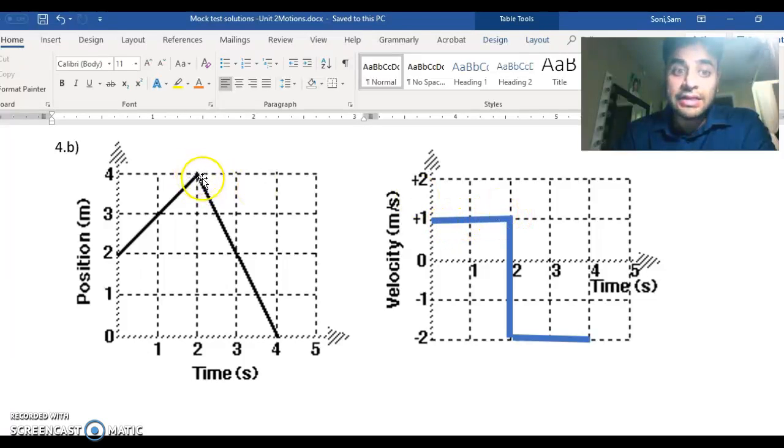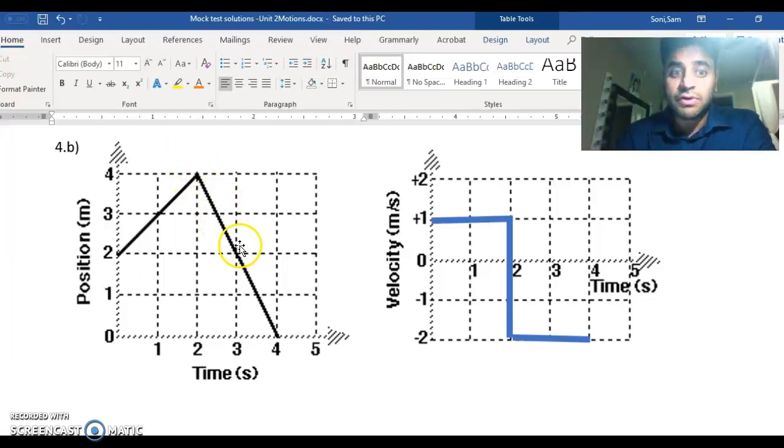But at this point, the body is going backwards. It's going in reverse. From 4 meters, it started going backwards to 0 meters. So if the body's direction is reversed, the velocity direction will be reversed as well. It's a vector, right? Now when it's going back from 2 seconds to 3 seconds, which is 1 second, the body changed its position by 2 minus 4, which is negative 2.